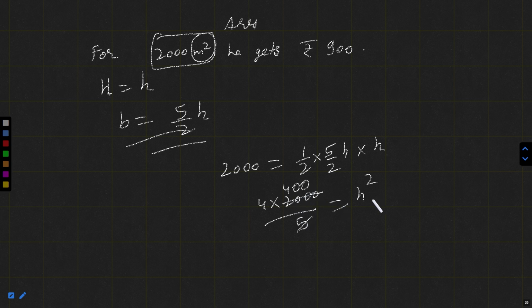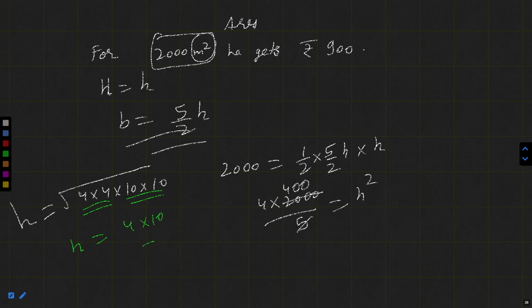Okay, now I know 4 times 4 times 100, sorry, 10 times 10, is equal to h. I have two pairs of the same number, so I can easily remove the root and write 4 times 10, which is equal to 40.